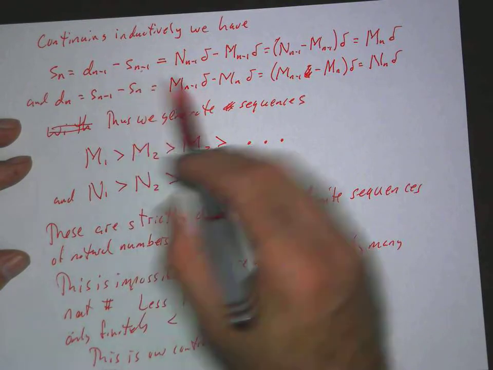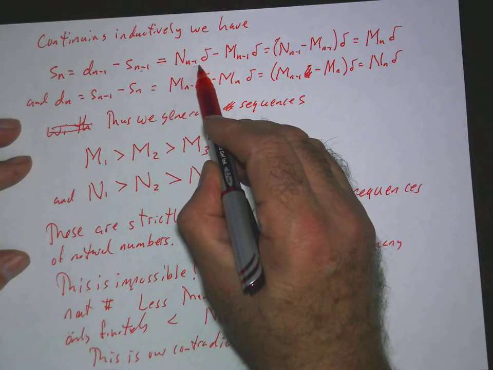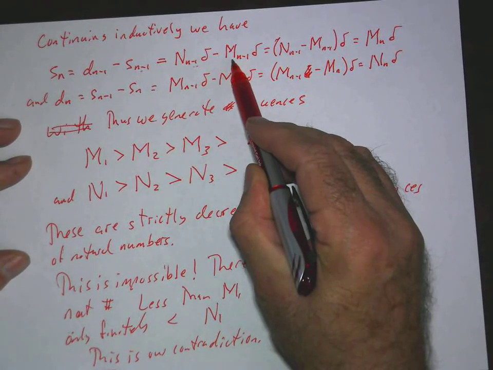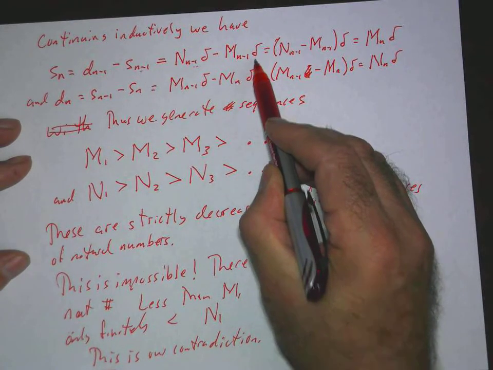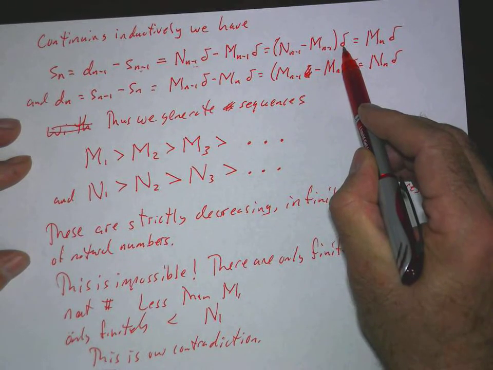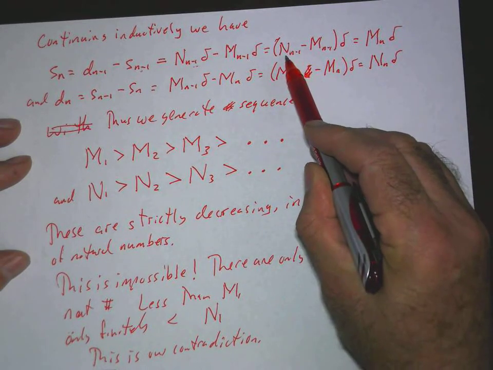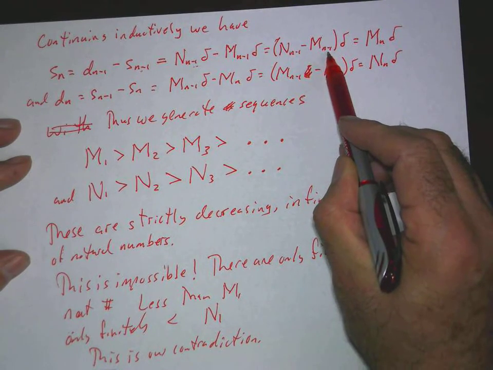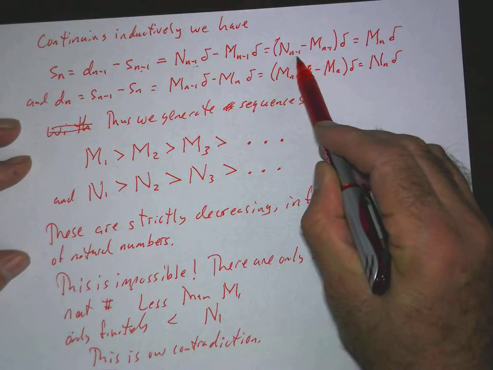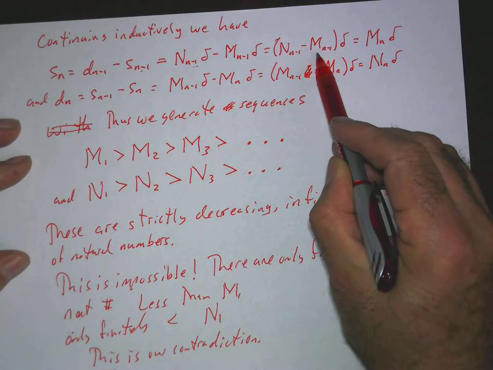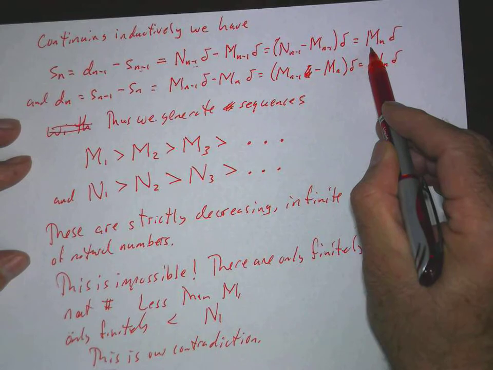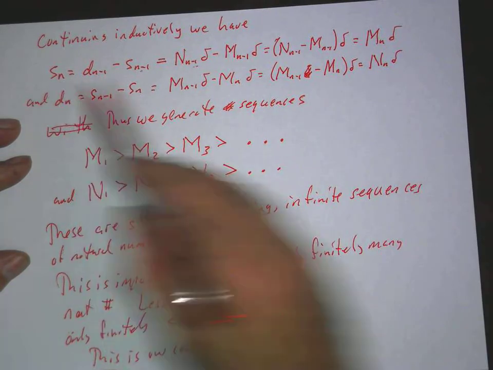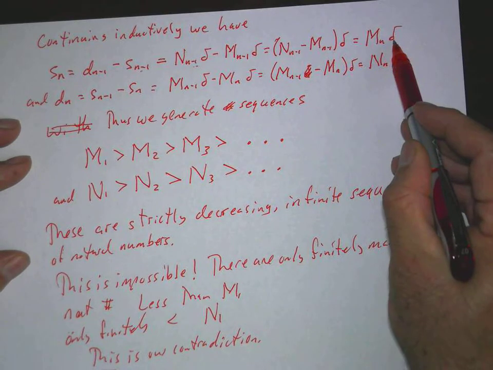But d sub n minus 1 is going to be capital N sub n minus 1 delta. S sub n minus 1 is going to be capital M sub n minus 1 delta. And we factor out the delta, and we have capital N sub n minus 1 minus capital M sub n minus 1 delta. Larger natural number minus smaller natural number, that gives us capital M sub n. That's what we call it. So S sub n is capital M sub n delta.